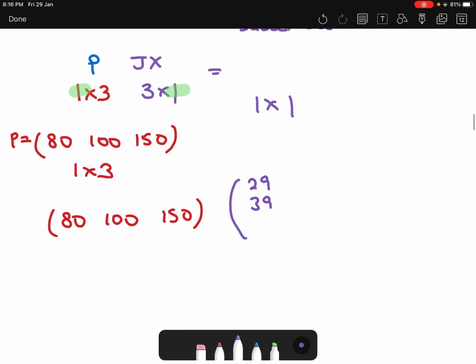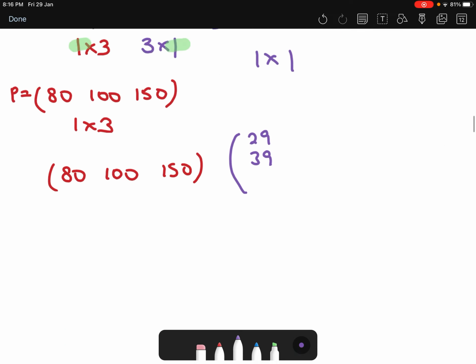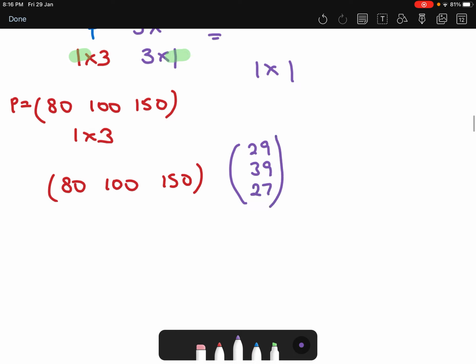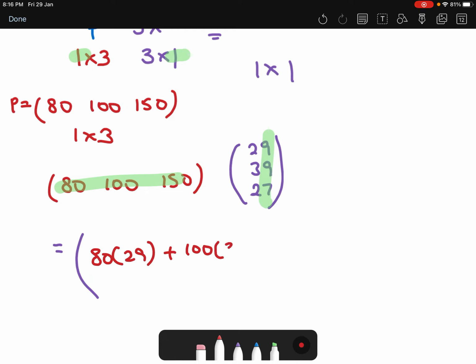First row times first column. So 80 times 29 plus 100 times 39 plus 150 times 27.